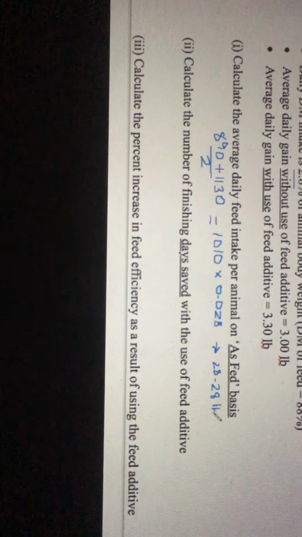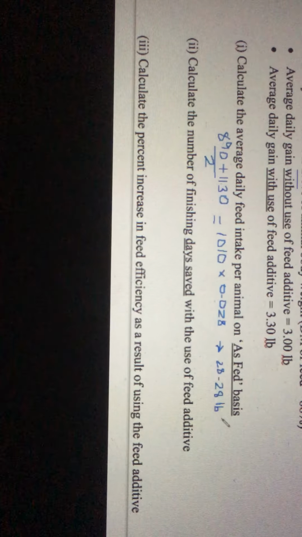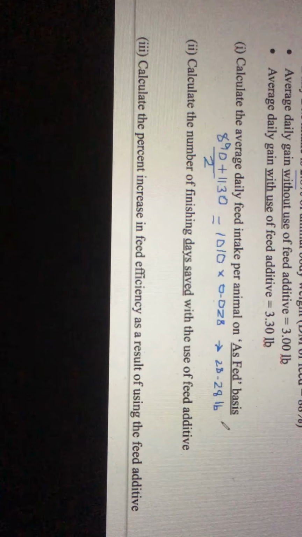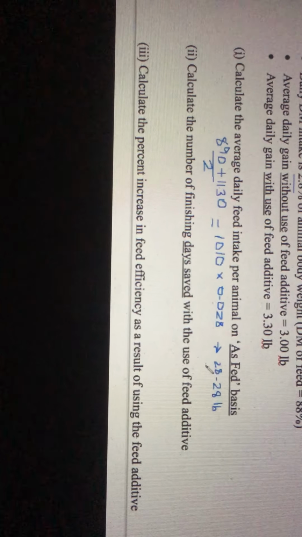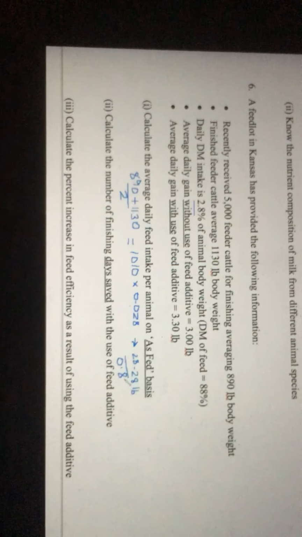When you see a calculation like this in the exam, you have to show what I'm showing here for complete points. So this one here is divided by the dry matter content of that feed, because this 28.28 is dry matter, and you want to change this to as fed.